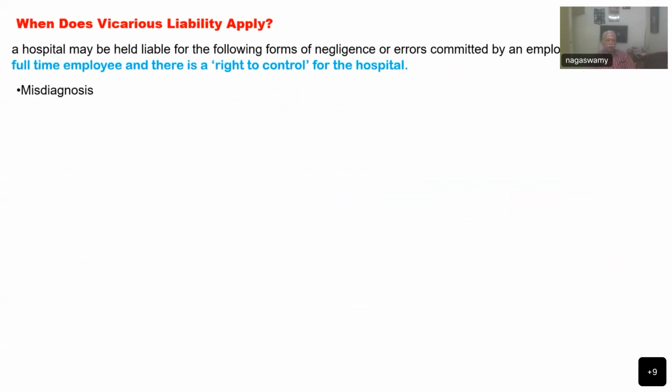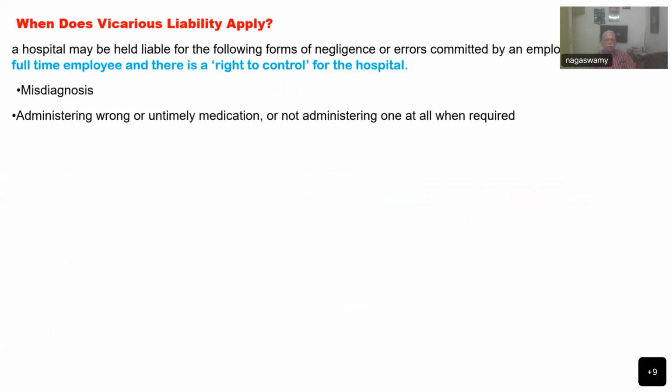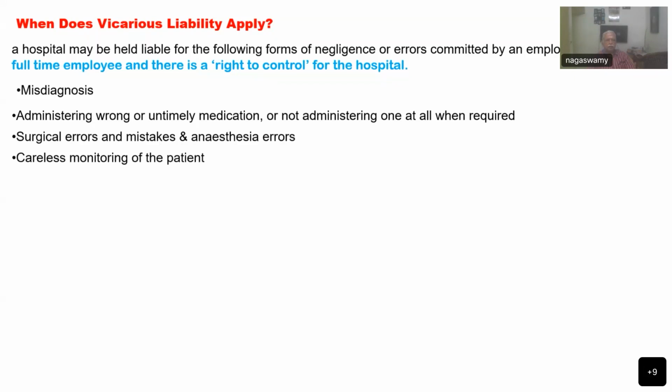He can wrongly diagnose, or administer wrong or untimely medication, or withhold a medication which is required at all. So administering a wrong medication or not giving the right medication at the right time is also negligence. And surgical errors and mistakes or anesthesia errors also come under this particular negligence.